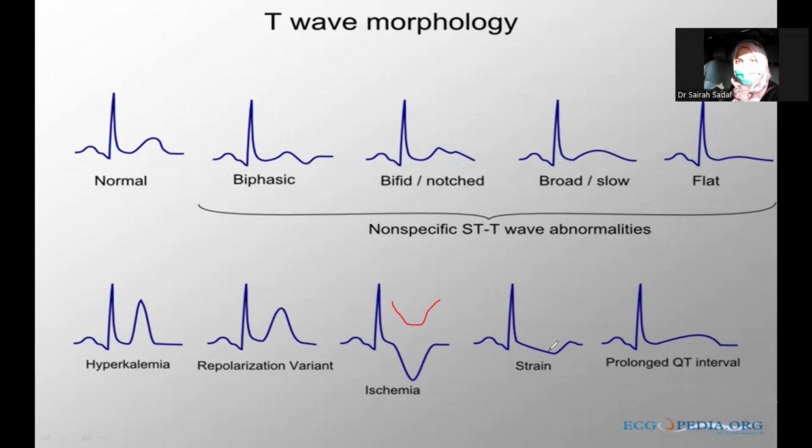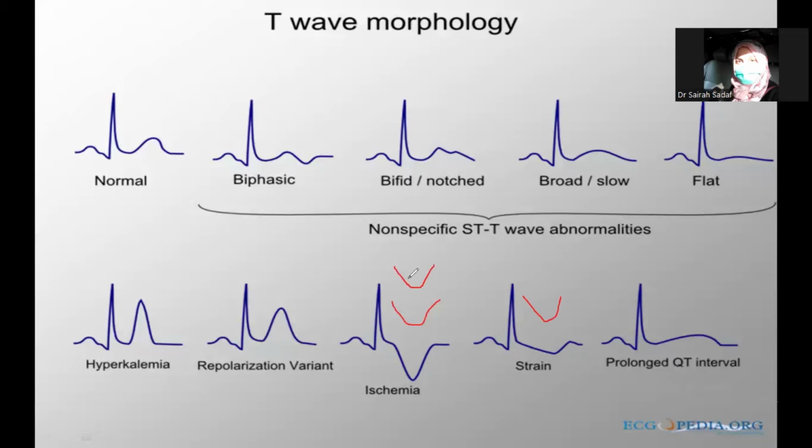But this T wave inversion is different. This is called a strain pattern. In this, it is an asymmetrical T wave inversion. How come? Both sides are not the same. One is a little slopey and the other one is rounded. Can you see? In ischemic T wave inversion, the T wave will be rounded on both sides.